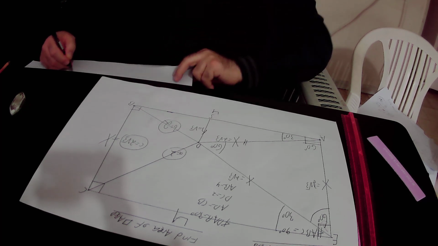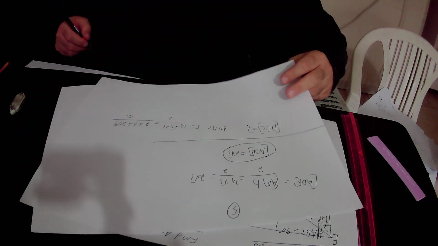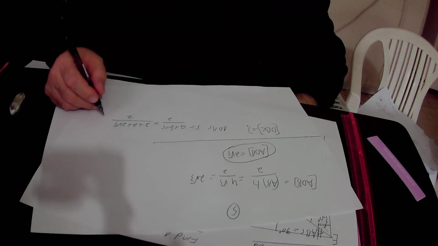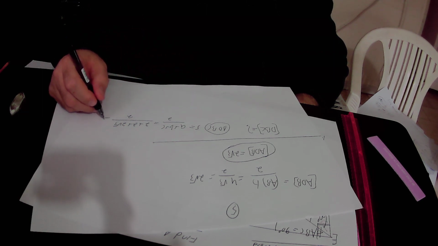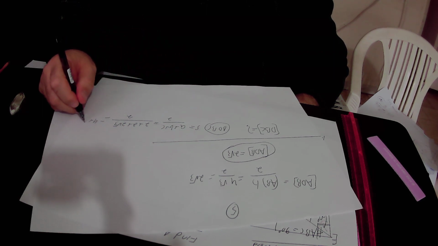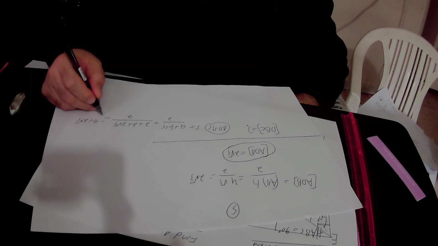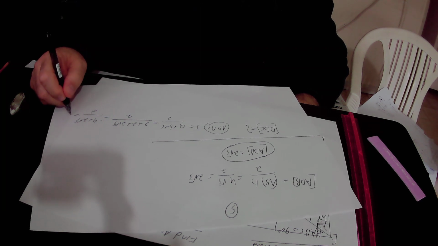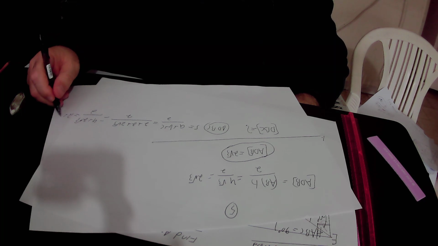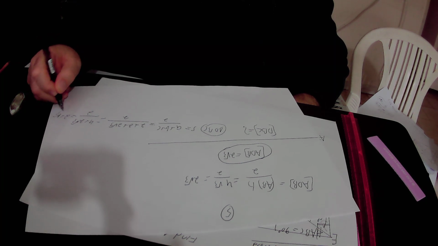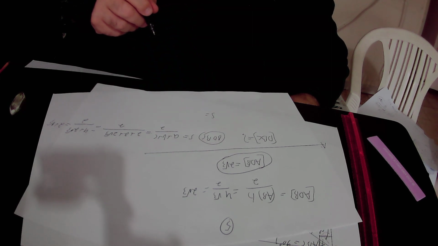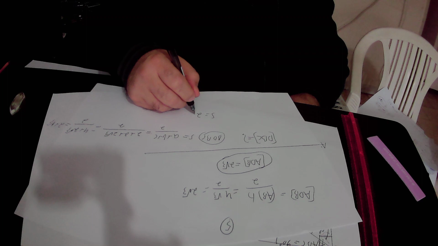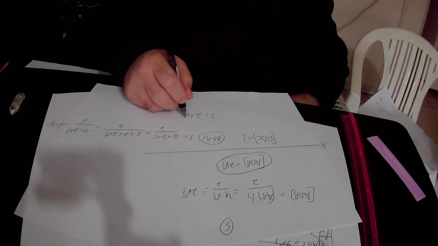So the semi-perimeter of triangle DBC, S equals 2 plus 2 is 4, plus 2 times square root of 3, over 2. 4 over 2 is 2, plus 2 times square root of 3 over 2 is square root of 3. So we found out that the semi-perimeter of triangle DBC is equal to 2 plus square root of 3 units.